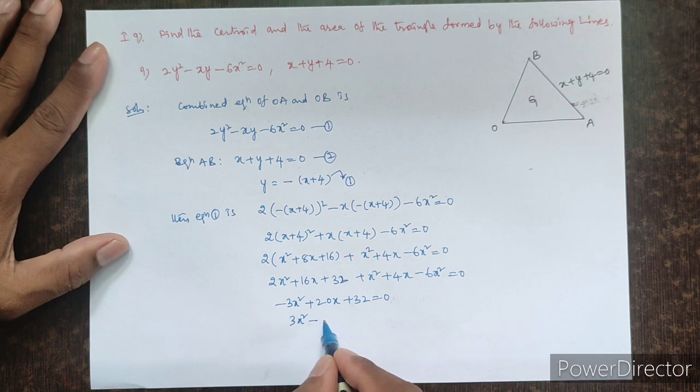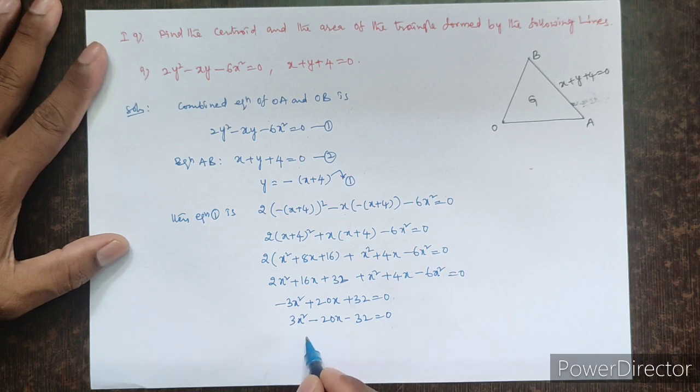So 3x square, common minus: 20x minus 32 equal to 0. So you can find the factors.